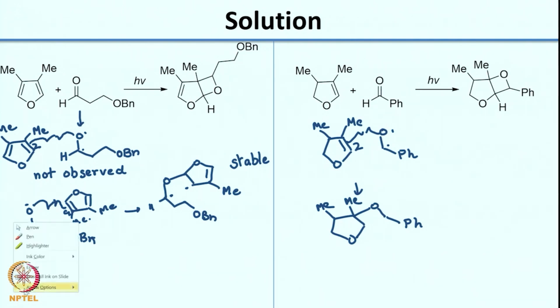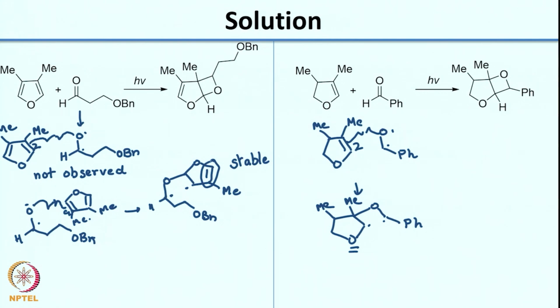Sorry. So, it prefers to form this intermediate biradical, because in this case you have oxygen atom right next to the radical which stabilizes this. Whereas in the earlier case you have a double bond which makes it allylic in nature.